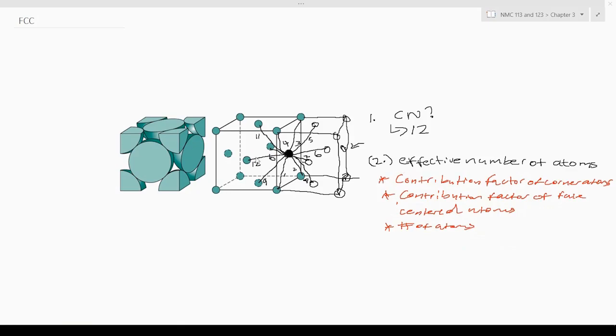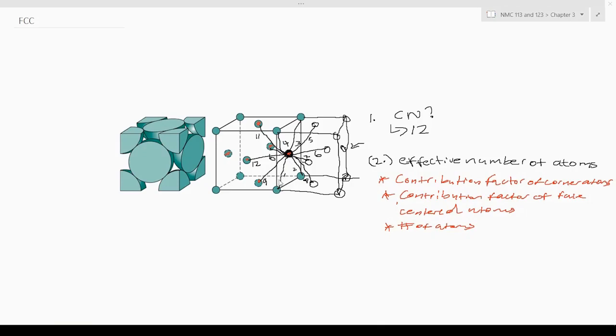And then looking at the structure, you'll be able to see here you have 6 faces. 1, 2, 3, 4, 5, and 6.